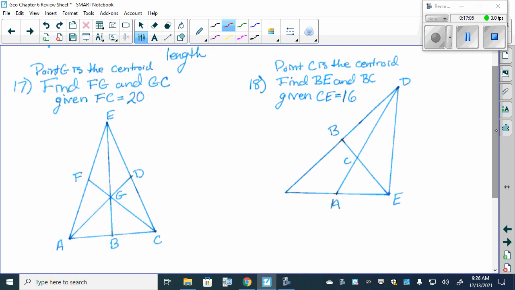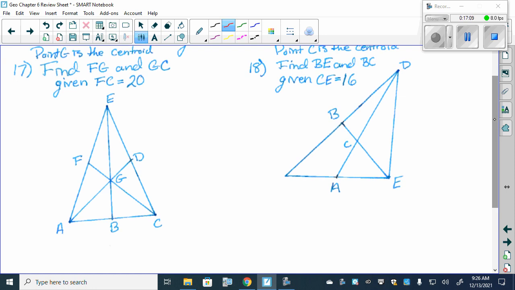Questions on 17 or 18? Okay, 18, given CE is 16. Is the 16 the bigger, smaller, or the whole? Bigger. Well, the smaller is half of the bigger, yes?